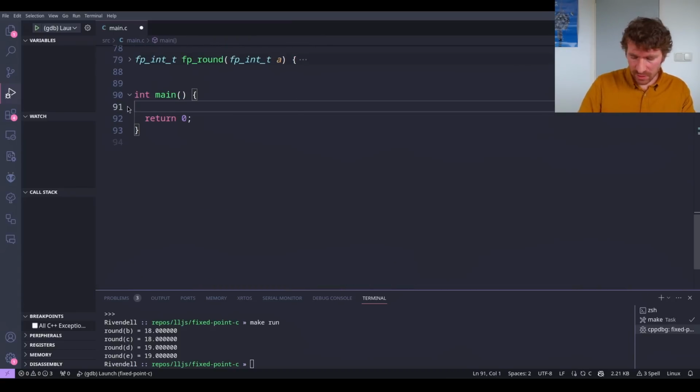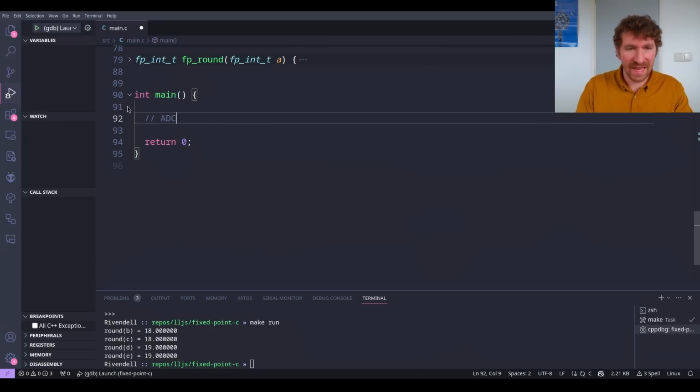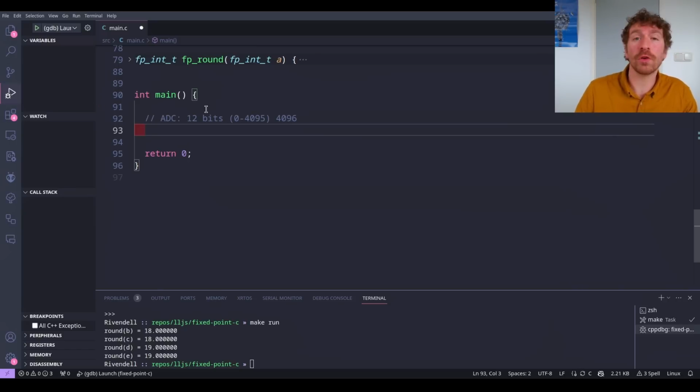So let's think about an example. My example is going to be that we've got an ADC on board, and the ADC is 12 bits. What this means is that we sample analog signals, and they come back to us in the form of a 12-bit number. So we get 0 to 4095, 4096 total values. Very common thing. It's also common to have more bits, but this is what we've got, 12 bits.